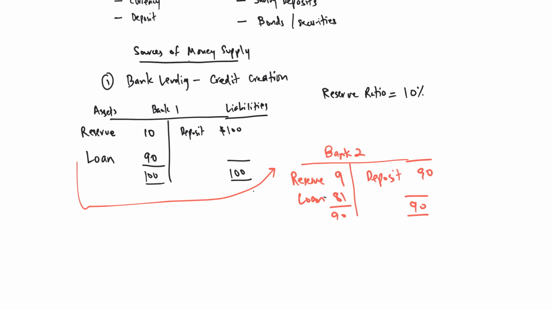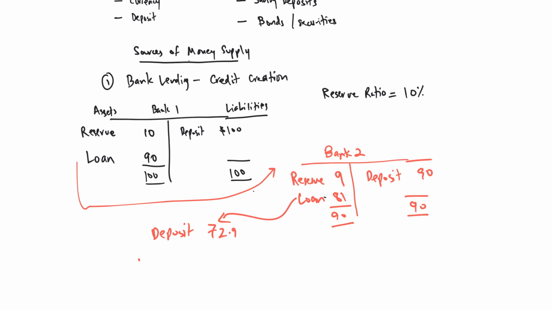And this is a recursive process, because then again this will be loaned out and become another deposit, of which let's say 10% of 81 would be 8.1. 81 minus 8.1 would be 72.9, if I'm not mistaken. So 72.9 would be another deposit, and so on and so forth.